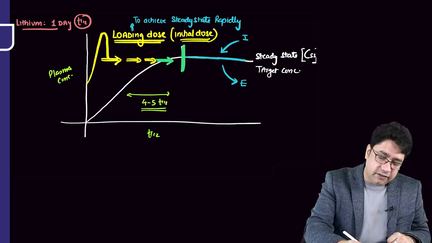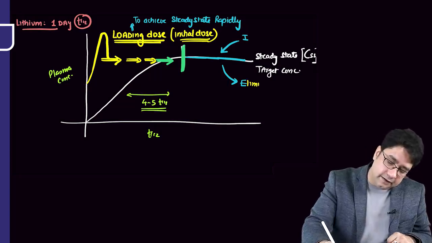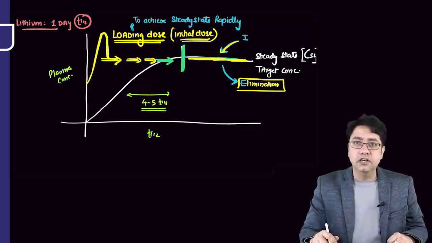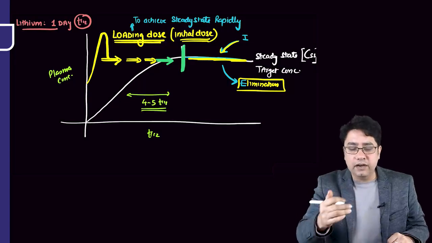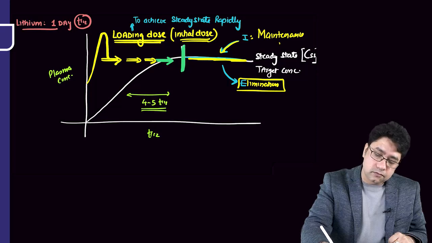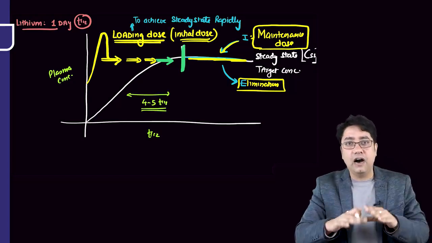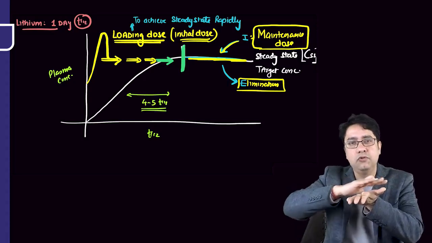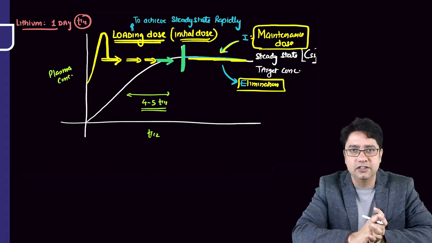Don't you think whatever the drug is getting eliminated, if we give this drug from outside, the concentration will remain steady? So that second dose after you have achieved steady state is known as maintenance dose. So maintenance dose is given after you have achieved steady state concentration and it is given to maintain steady state concentration.